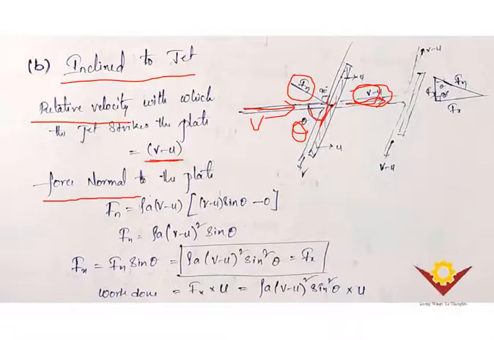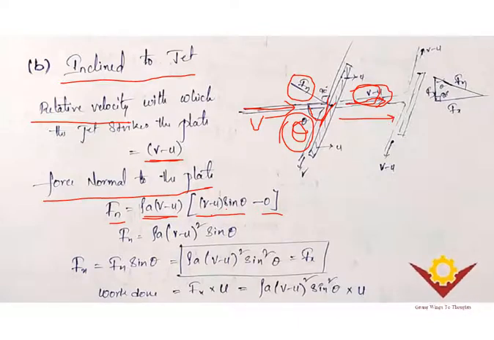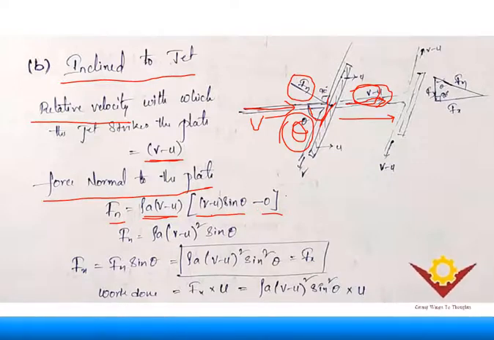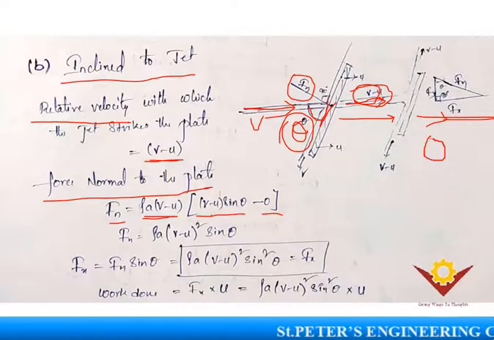And now the force which is normal to the plate is mass per second. From the impulse momentum equation, the normal force is equal to mass per second into initial velocity minus final velocity. The initial velocity, when it is making angle theta, is v minus u sine theta, and the final velocity is 0.